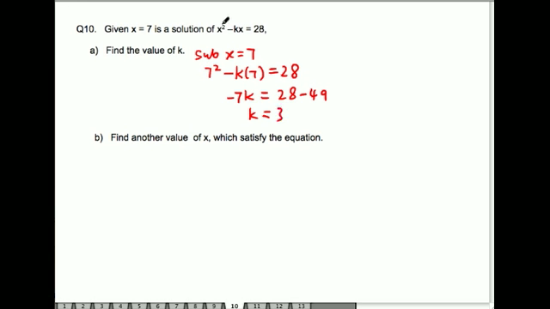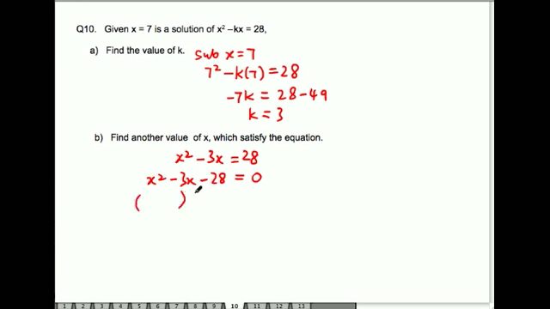Since we have found the value of k, we can now put the value of k into the equation to get x squared minus 3x equals 28. This is a quadratic equation. Thus, we make the right hand side 0.